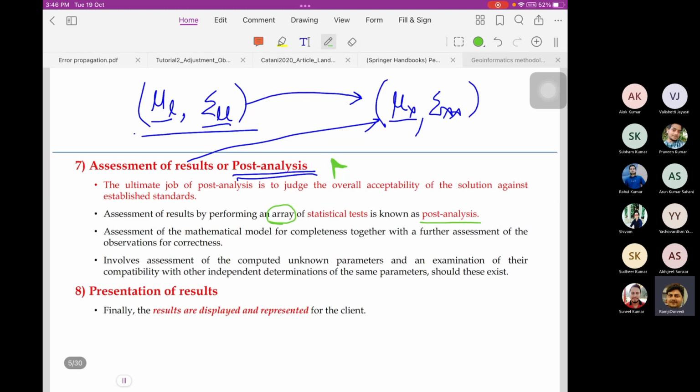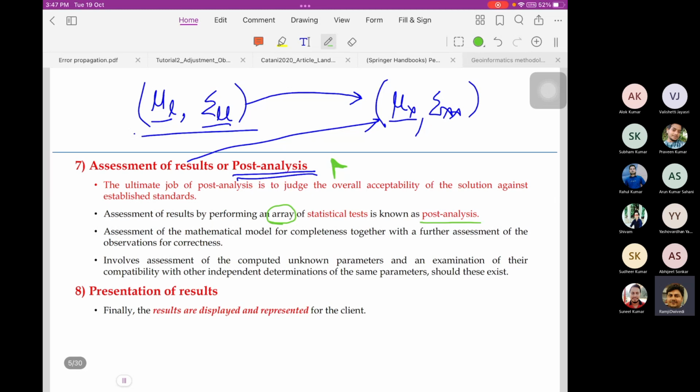Then assessment of the mathematical model for completeness, together with a further assessment of observations for correctness. Then it involves assessment of the computed unknown parameters and an examination of their compatibility with other independent determinations of the same parameter, should these exist.